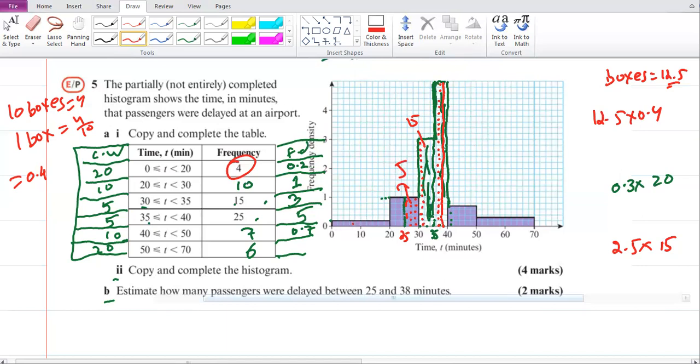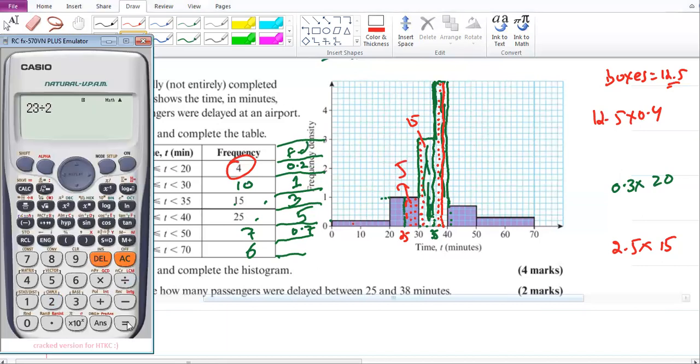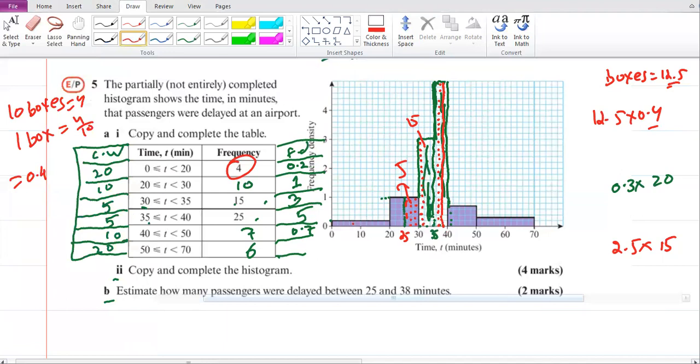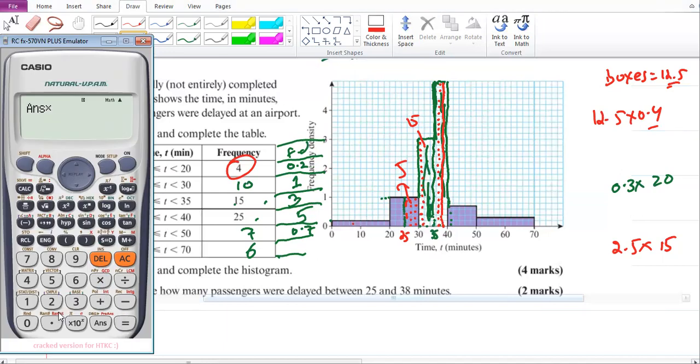What is half of 23? 23 divided by 2 will be 11.5. So this half will make 11.5, plus 23. So the total number of boxes for this one from 35 till 38 is 34.5. I will multiply this with 0.4. So I will get 13.8.